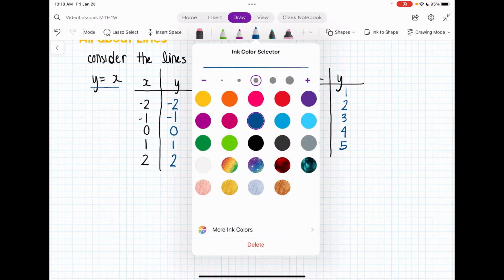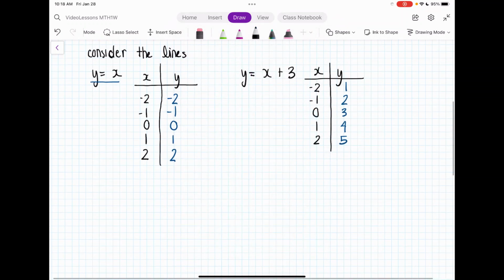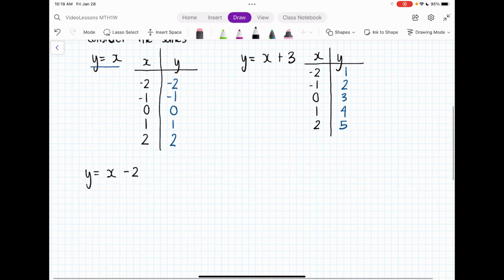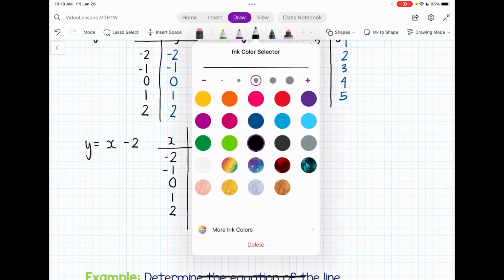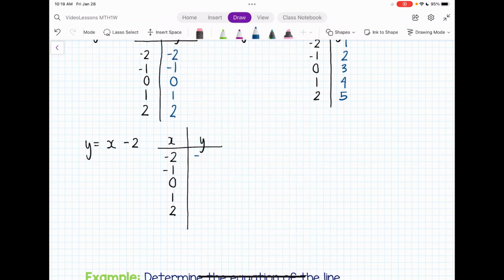We're going to do one more. So here we're going to get -4.